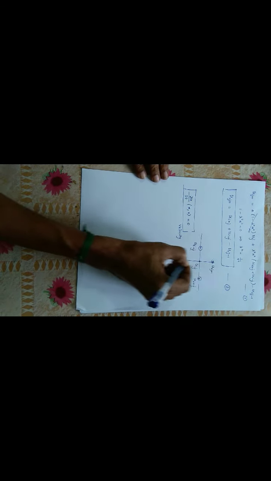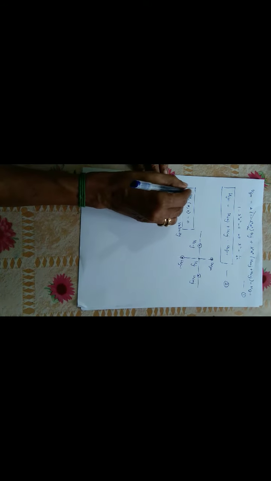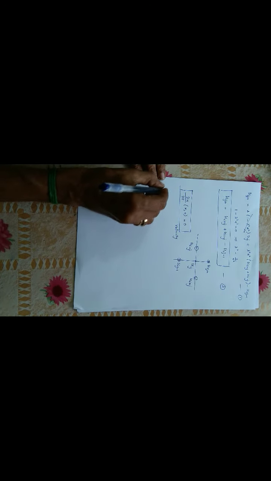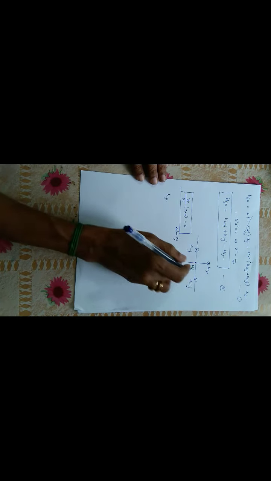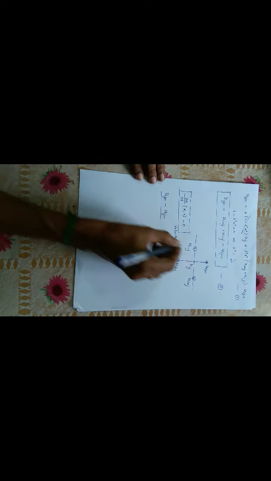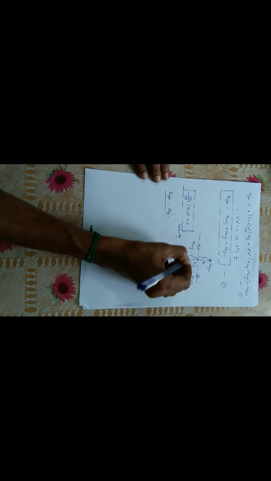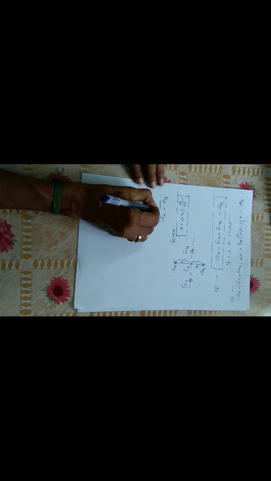So if you want to involve these 2 points, I'll go by the central difference formula for time direction. So u(i, j+1) minus u(i, j-1), the step size along time direction is k, so the total distance is now 2k, equated to 0.